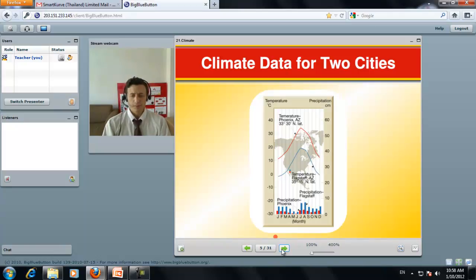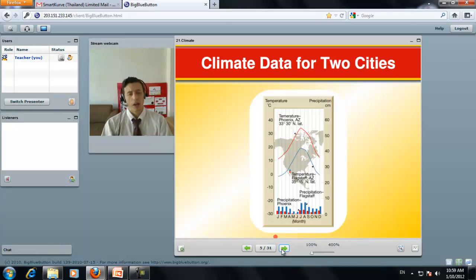Notice for both cities, in Phoenix and Flagstaff, the months of May and July are the driest. That is, they have the least precipitation, the least rain. And the months of July and August are the wettest. They have the most precipitation.